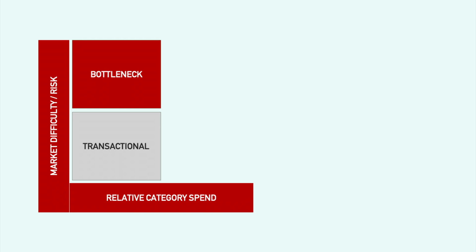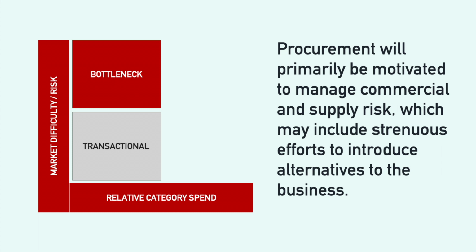Under this classification, procurement will primarily be motivated to manage commercial and supplier risk, which may include strenuous efforts to introduce alternative suppliers to the business. The salesperson's relationship with procurement in this situation is often challenging, characterized by suspicion that the customer is being taken advantage of.